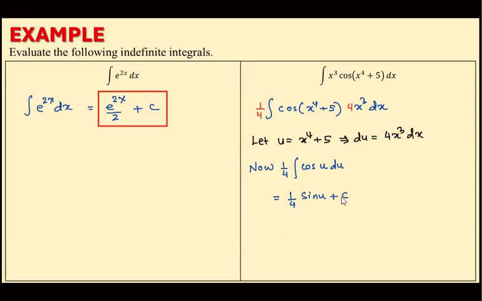That is my answer, but not the final answer, because we need to rewrite the value of u, which is x to the 4 plus 5. So this will be 1/4 sine, value of u is x to the 4 plus 5, and then plus c at the end.